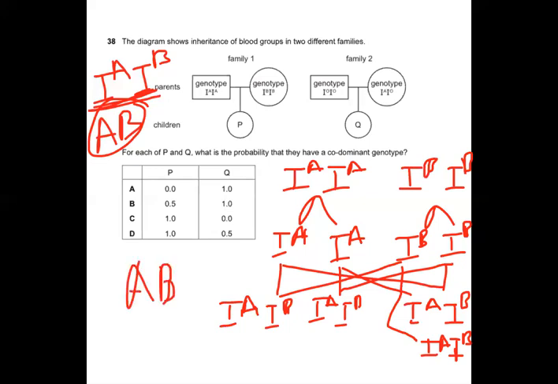So the probability of getting a co-dominant genotype in P is 1. So it's either C or D.